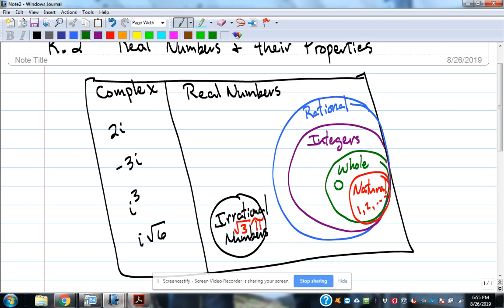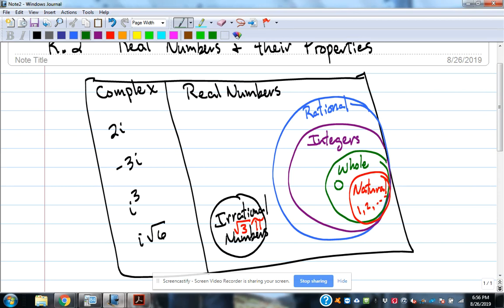If you're a whole number, what bucket are you sitting inside of? Integers. What are the integers? We've got whole numbers that are 0, 1, 2, 3, 4, 5, 6, keep going. What does the integers add to the game? Like 1.5? No. What kind of numbers are integers? Negative and whole numbers.